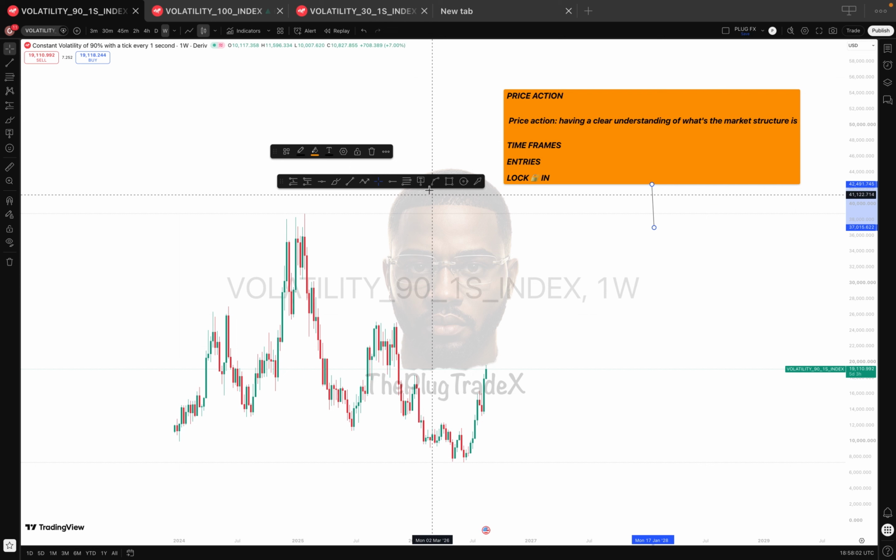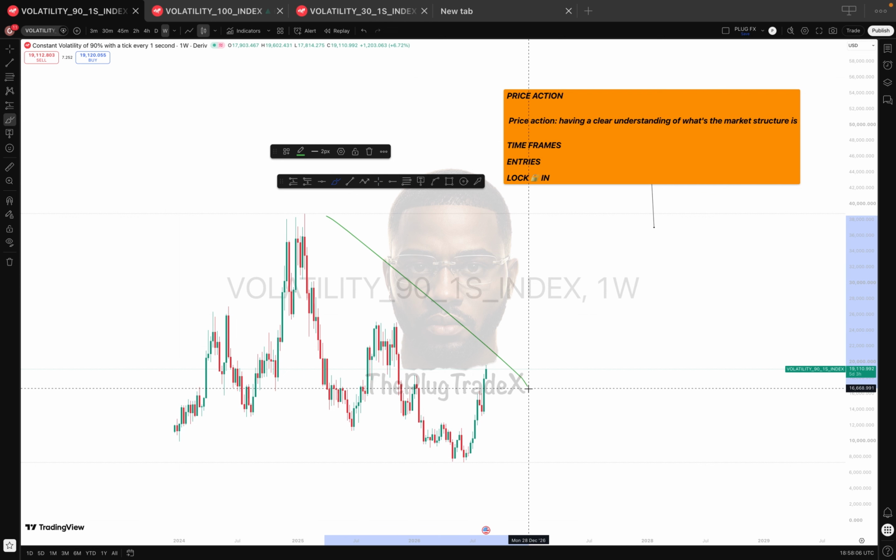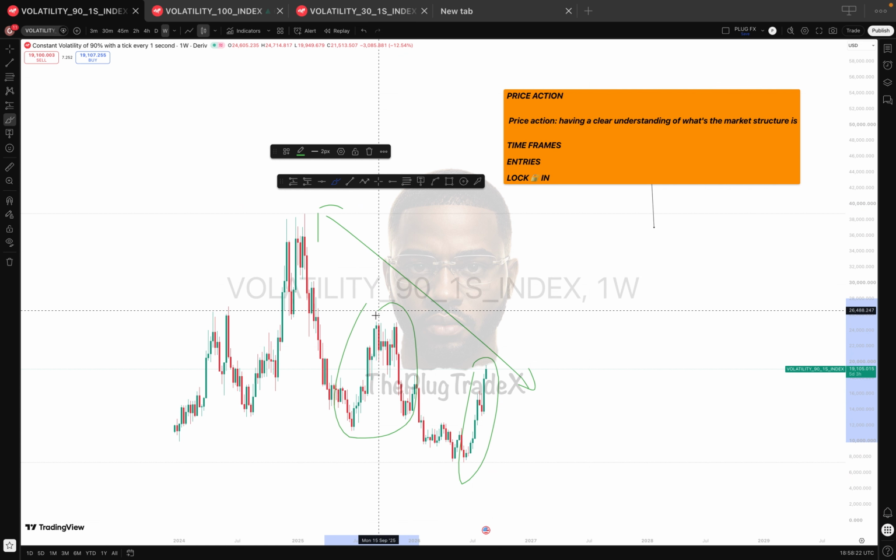Now, clearly we can see that the market is in a bearish trend. But being in a bearish trend is one thing. Knowing whether to continue with the trend or to go against the trend is another thing.